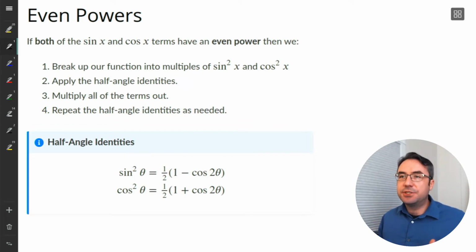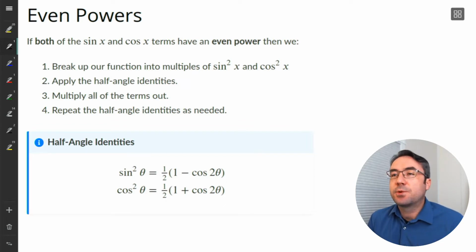And so our strategy for how to do this is we're going to break up our function into multiples of sine squared and cosine squared. We're going to apply some half-angle trig identities, which we'll read through in just a second. That'll give us this big, long expression, which we have to multiply everything out.